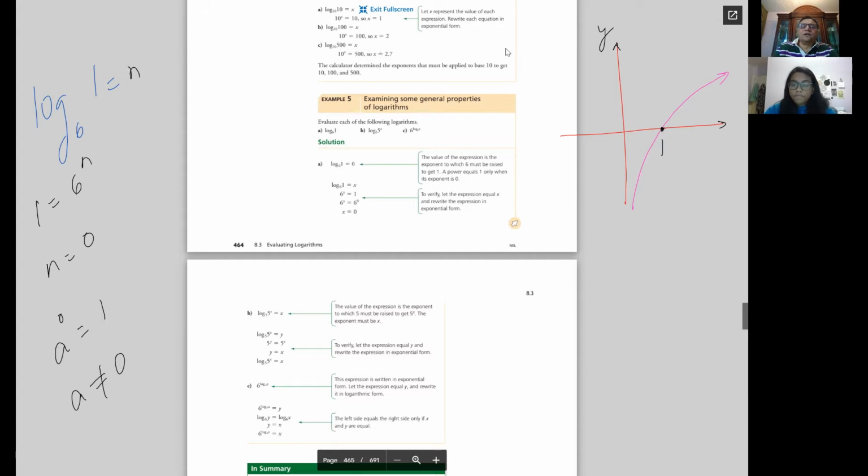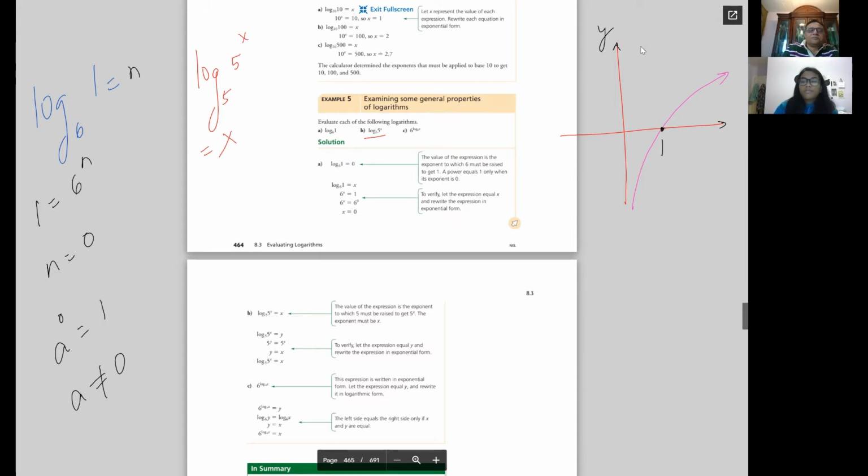Now the next one, log to the base 5 of 5 to the power of x. What is that equal to? We have used this property, it is equal to x, correct?